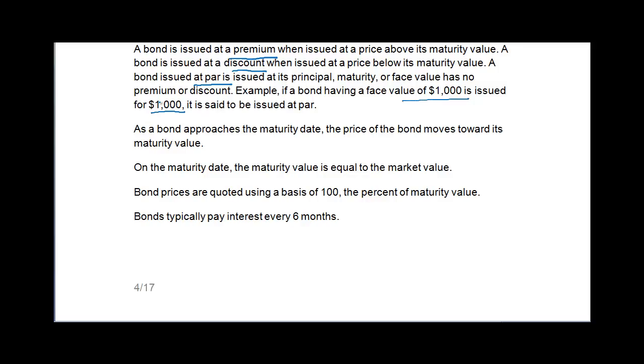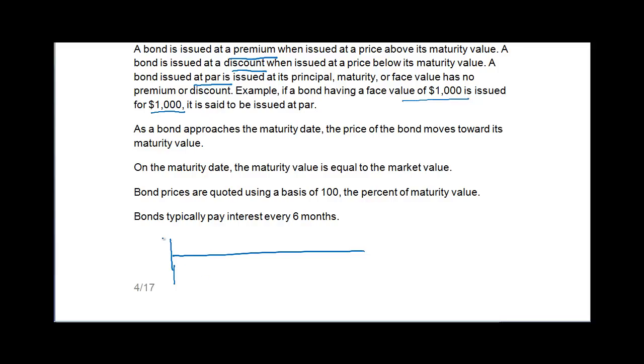So if there's only one or two interest payments left, then even if interest rates are a couple points apart, stated versus market, the effect of that difference is only going to be that amount times one or two interest payments, not a huge deal, and therefore the price of the bond is going to be much closer to the maturity value.